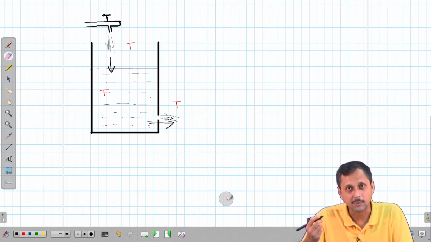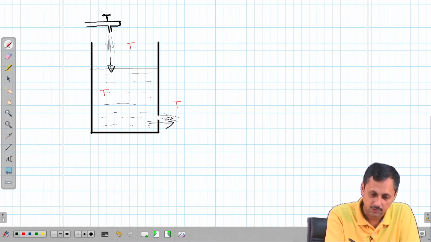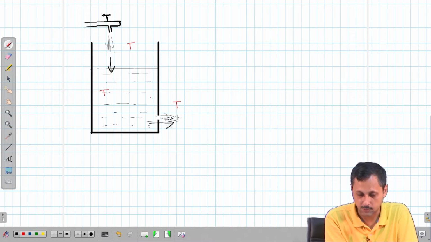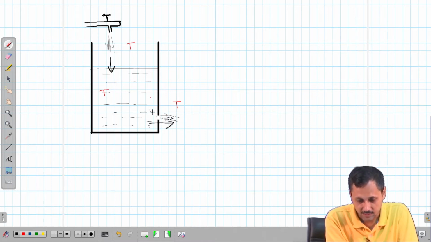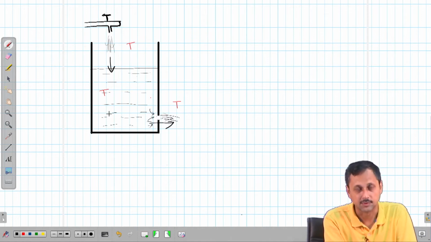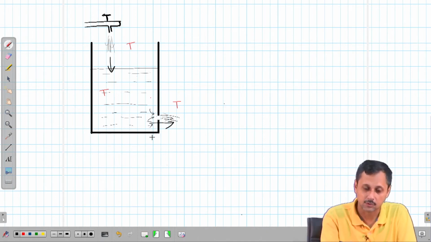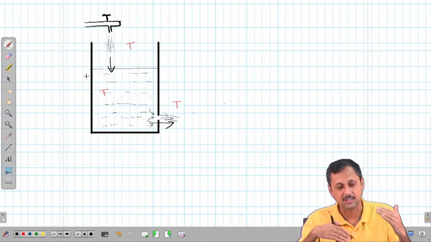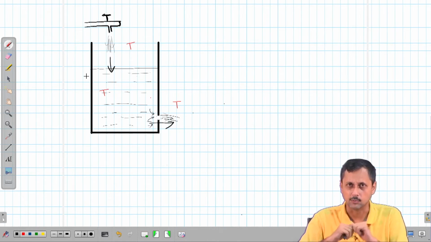And then we talk about mechanical equilibrium. Now if we focus on the portion where the water is going out, this outgoing water, close to the exit, will have more velocity as compared to the rest of the system. So the system, although it is in thermal equilibrium and it is in a steady state, so that the entire description of the system is not changing, the height of the water level is not changing, it is by no means in chemical or mechanical equilibrium.